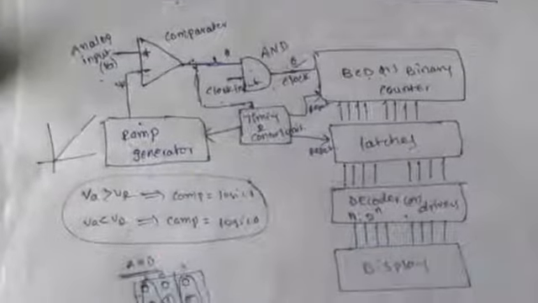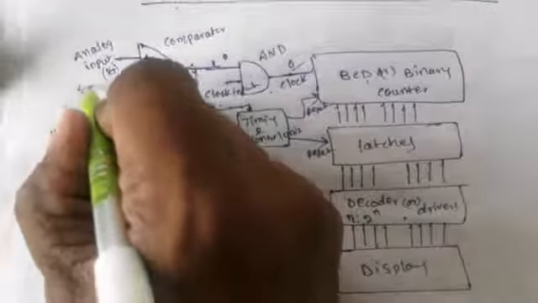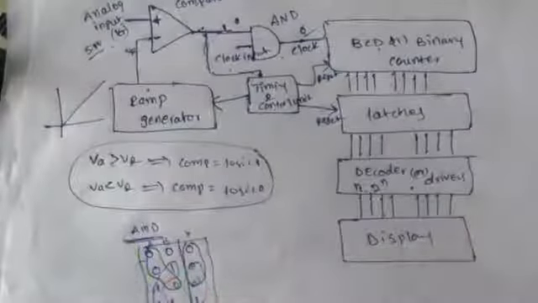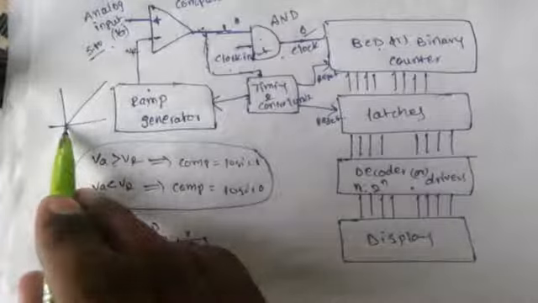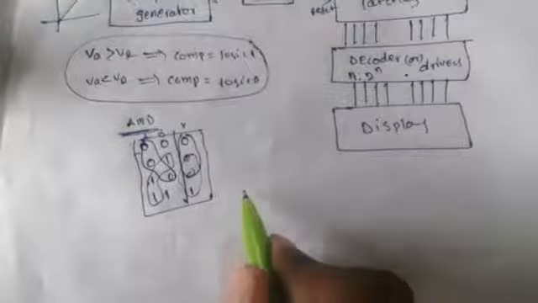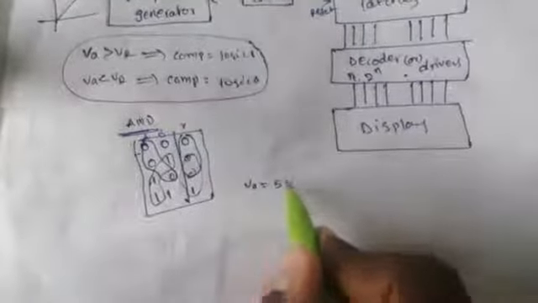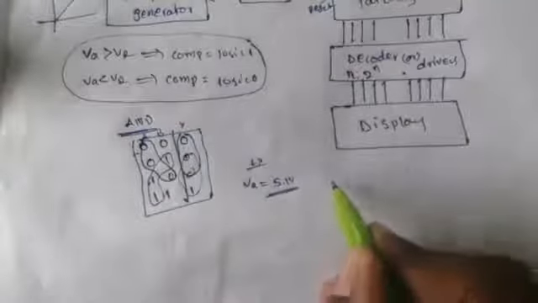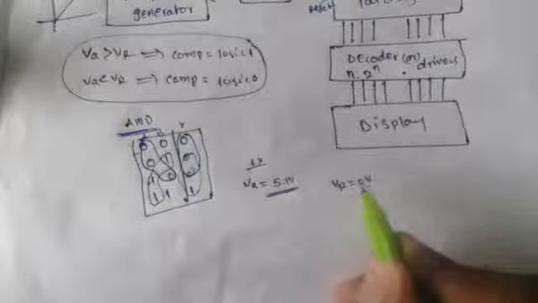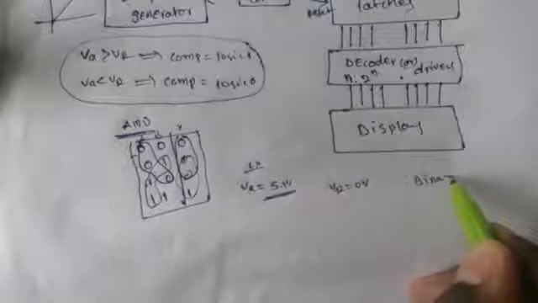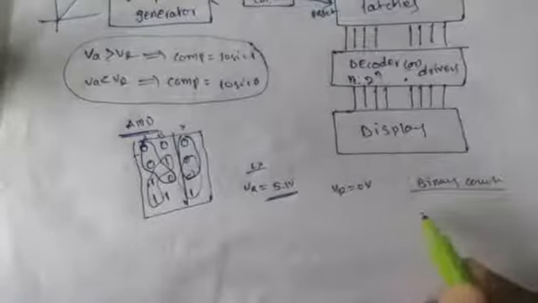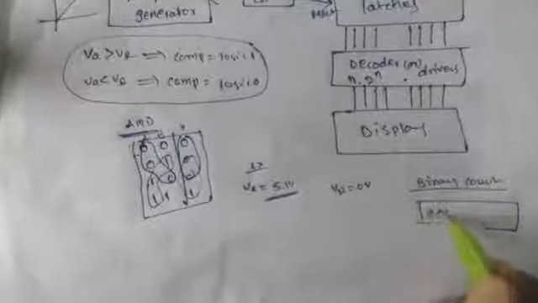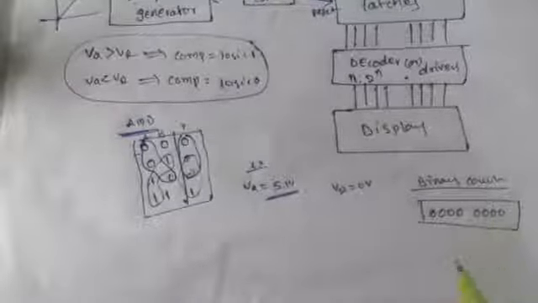Suppose we consider the analog input voltage VA to be 5.1 volts. The reference voltage from the ramp generator will start from the starting position, which is 0, and the binary counter is also initially at 0, so 0 0 0 0 0 0 0 0, its value is 0.